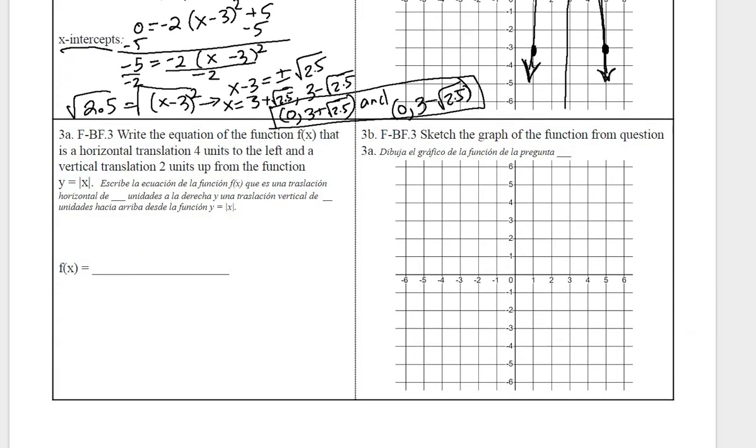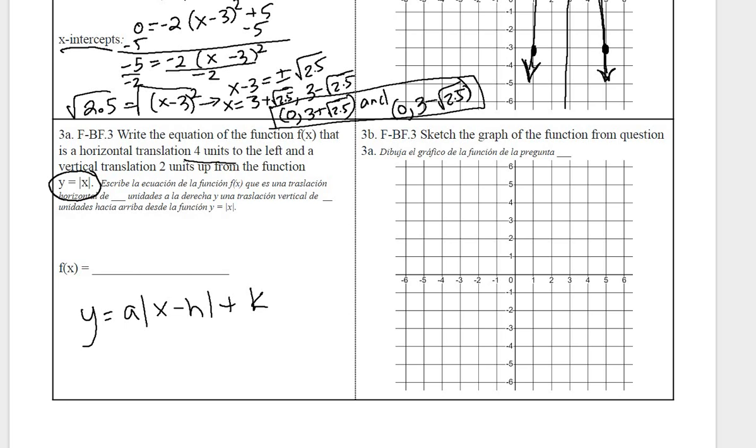Write the equation of the function f of x that is a horizontal translation 4 units to the left and a vertical translation 2 units up from the function y equals the absolute value of x. So my graphing form for this function is y equals a times the absolute value of (x minus h) plus k.